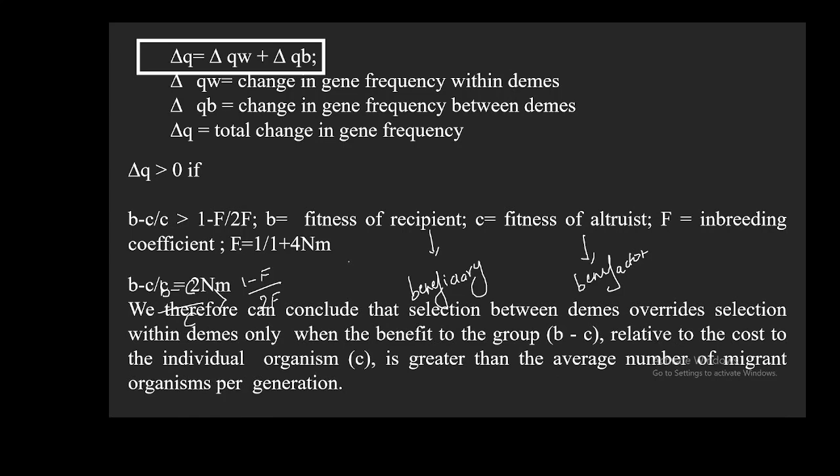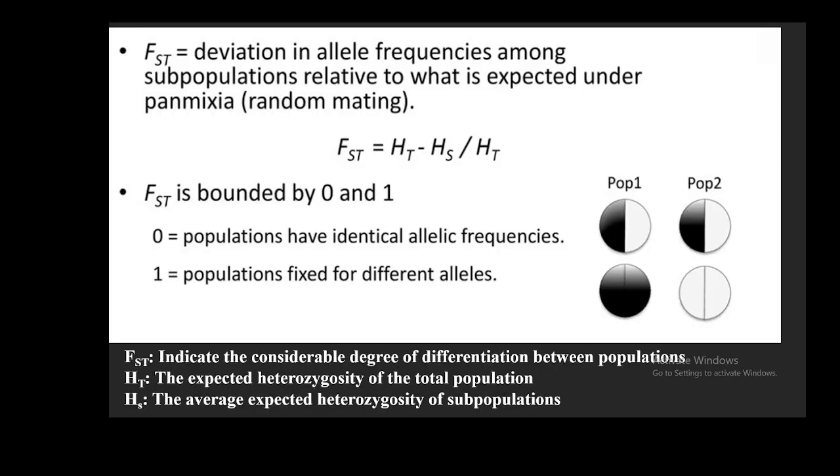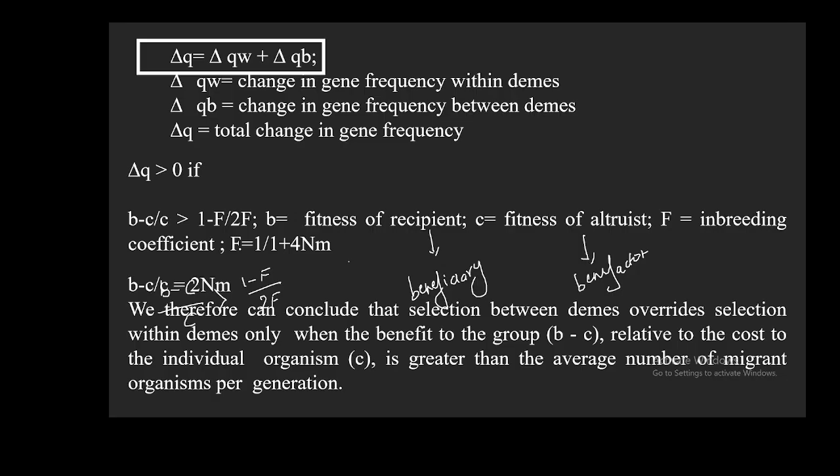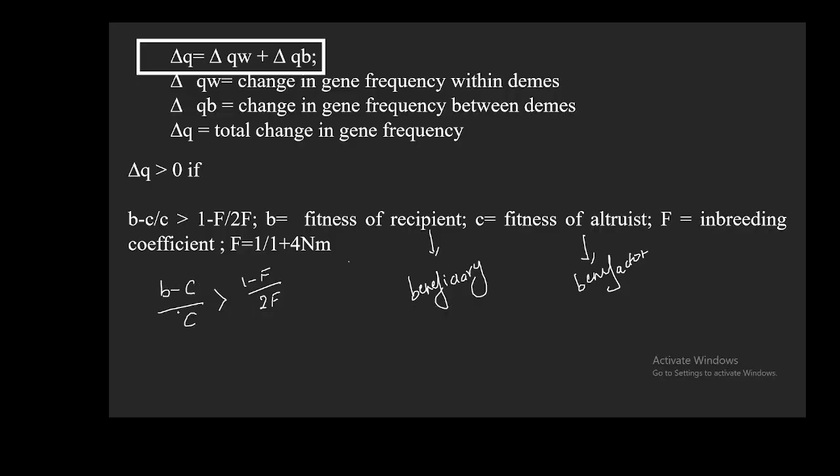Formula of F is 1 divided by 1 plus 4Nm. So what happens if you substitute these values? You will get 1 minus 1 by 1 plus 4Nm, divided by 2 into 1 divided by 1 plus 4Nm, right?